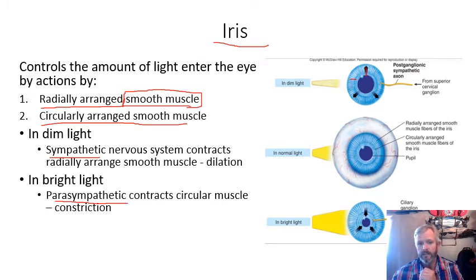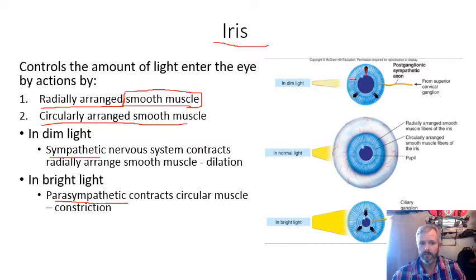In dim light, the sympathetic nervous system is going to contract the radially arranged muscles. So this contracts usually when the sympathetic is activated. The parasympathetic, which controls the circular muscle, is dampened down, right? And so we can get the pupil opened up.